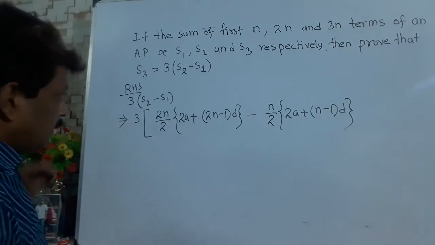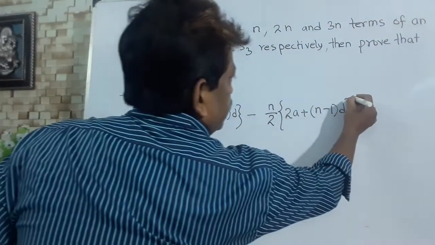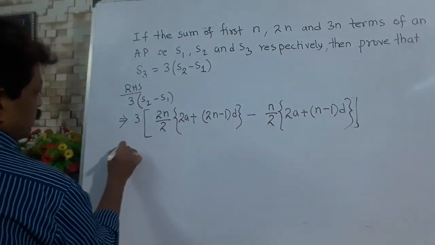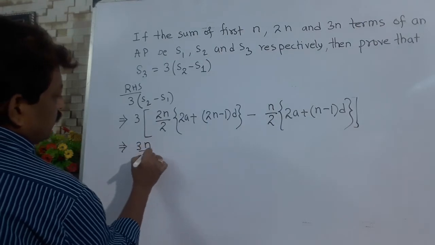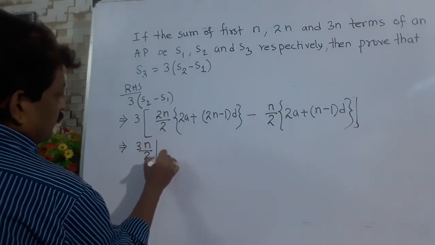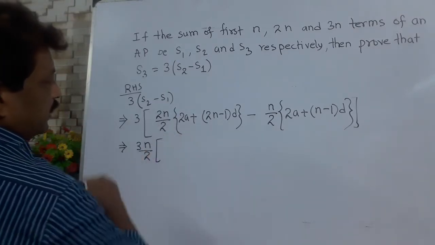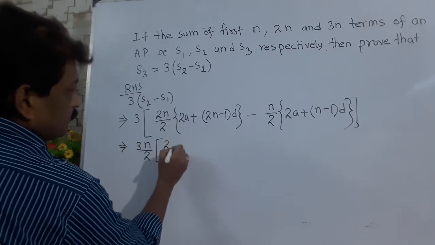Now let me take n by 2 common and write it outside the bracket. It will be 3n by 2. Here what is left? I have taken n upon 2 common, so 2 will be left.